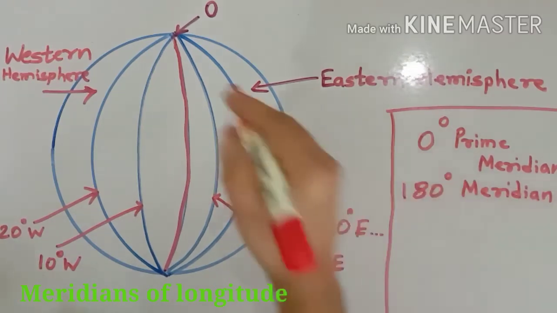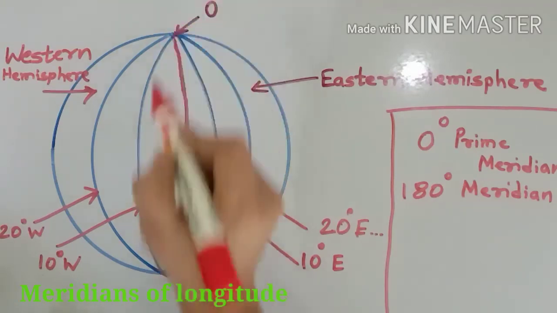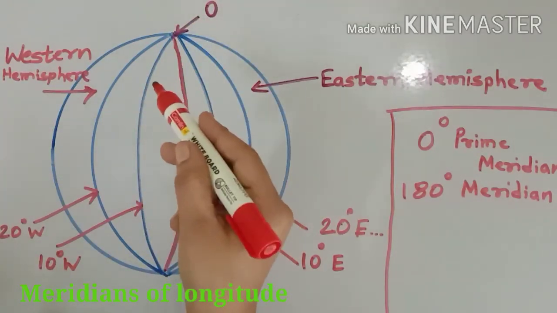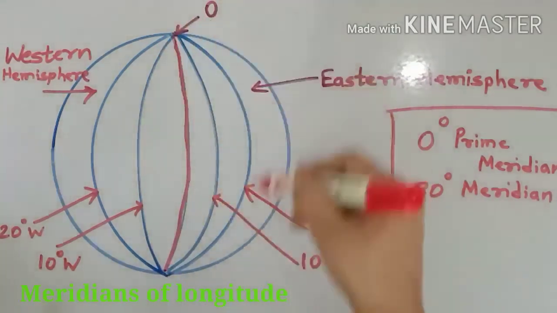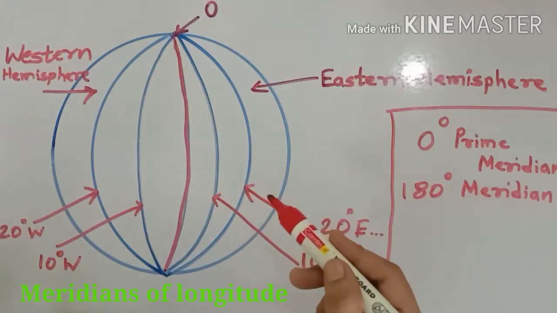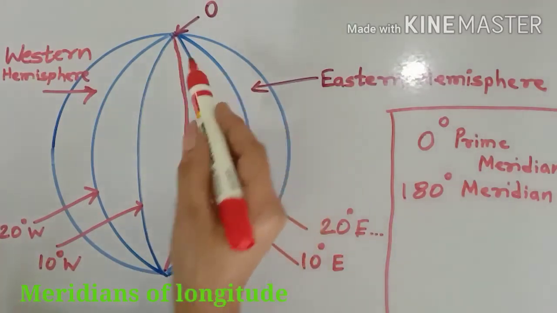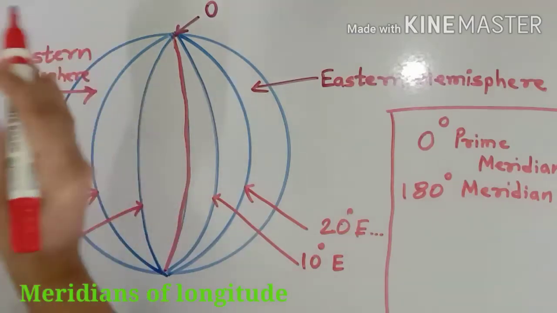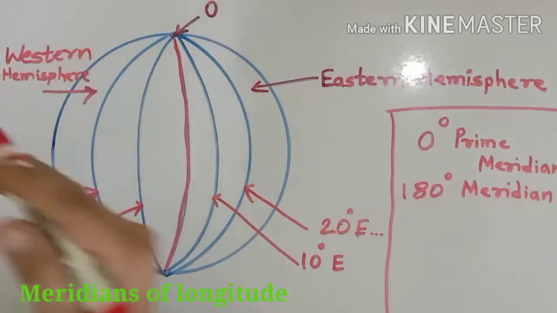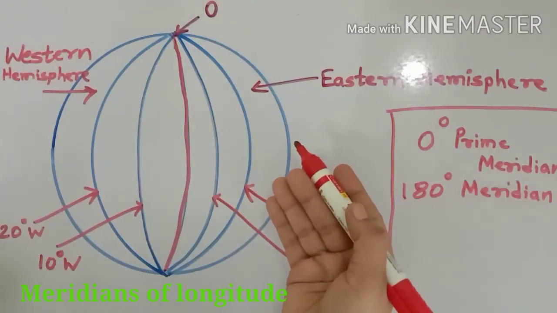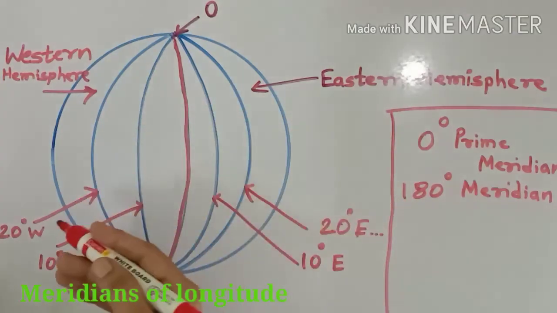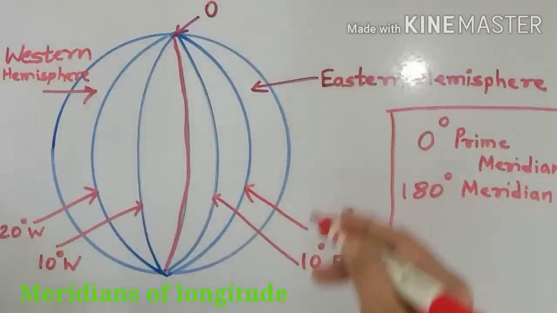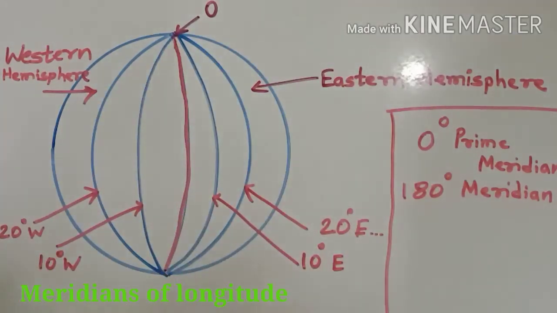This meridian is exactly opposite to 0 degree meridian. 0 degree meridian and 180 degree meridian both together form a great circle. Now the meridians in Western Hemisphere and the meridians in Eastern Hemisphere are exactly opposite to each other, and they form great circles on the globe.